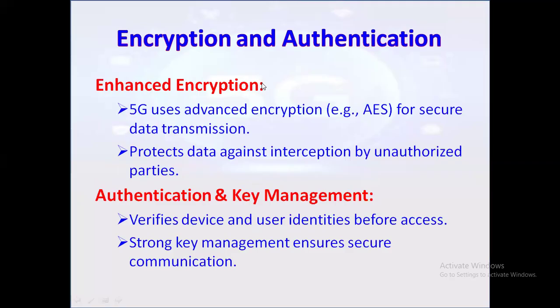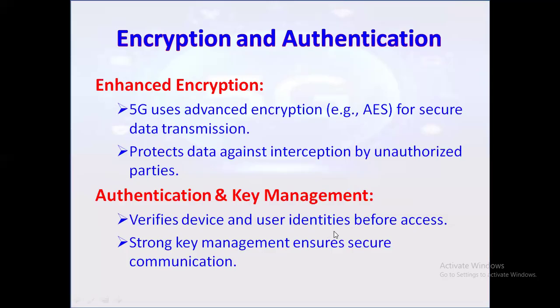Next, encryption and authentication. 5G networks employ enhanced encryption to protect data against interception using advanced encryption standards like AES to secure communication across network layers. This means that even if data is intercepted, it remains unreadable without the decryption key.